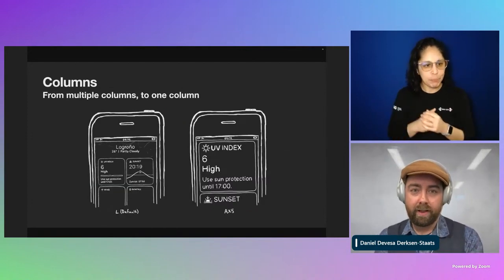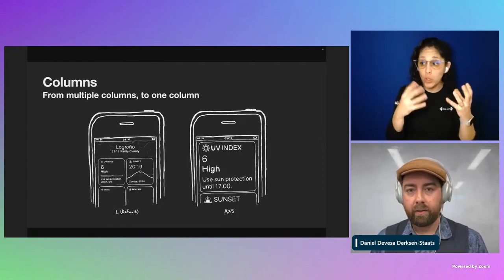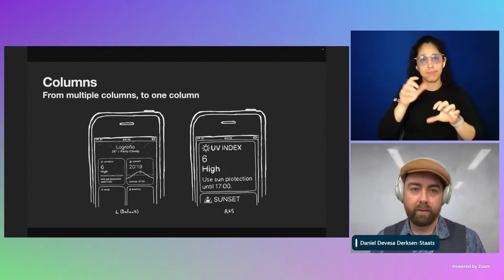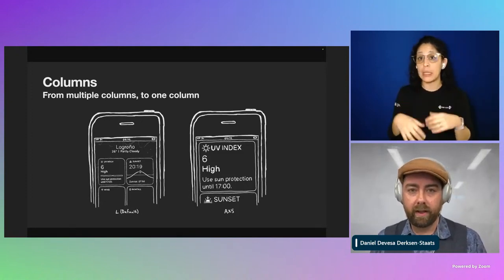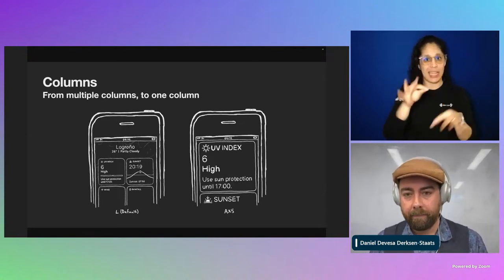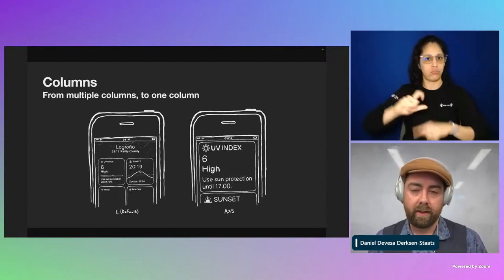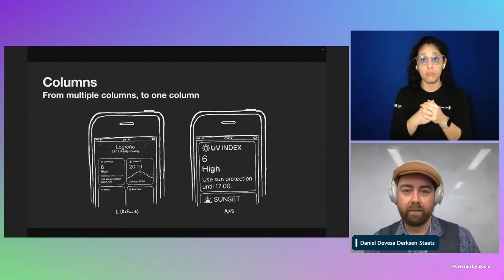And one thing to consider as well is if you have multiple columns, it's a good idea to switch from two columns, for example, to one, if the user decides to have a large text size or an accessibility text size. With the same idea, so the text can go from side to side of the screen.